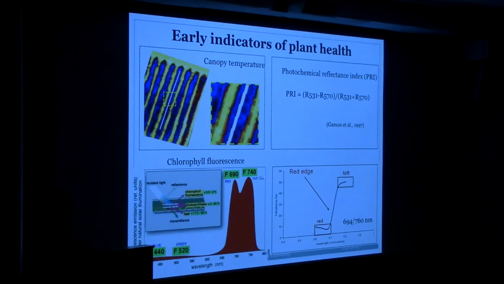early stress? The red edge index is usually calculated as a ratio of 760 and 694 nanometer. This has been proven very useful, and in fact, 760 is very close to the chlorophyll fluorescence absorption reflectance band, and 694 is very close to 690.